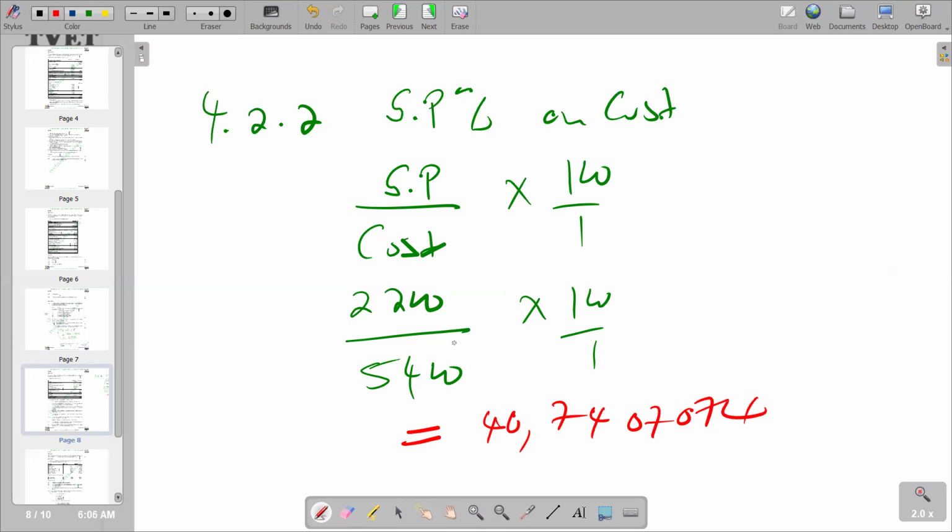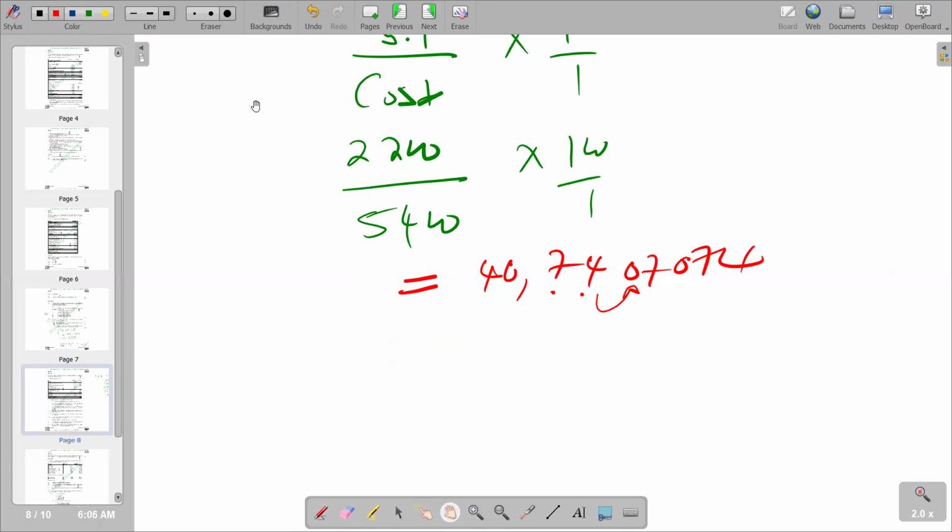Obviously, we can represent it at two decimal places: we check and we've got a 0, so we don't change our 4. So to two decimal places, our answer becomes 40.74. This becomes our final answer, the gross profit percentage on cost.